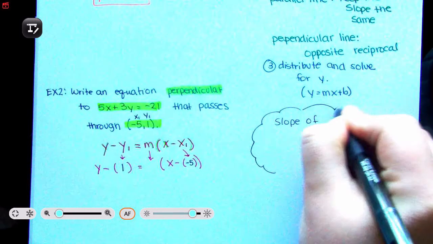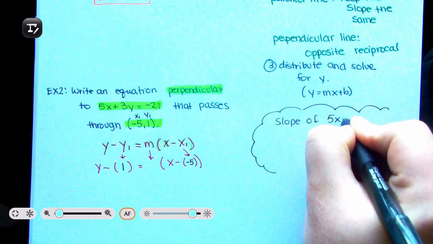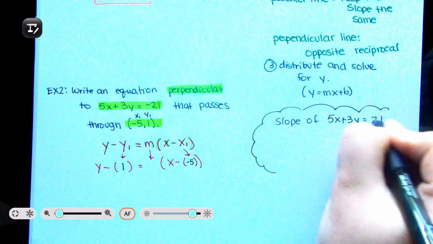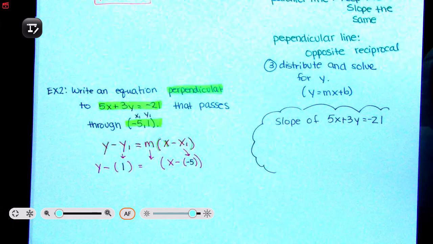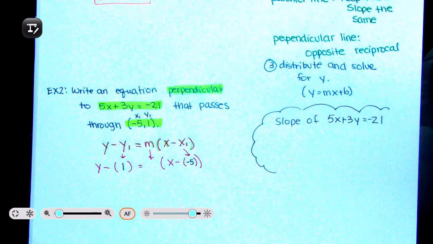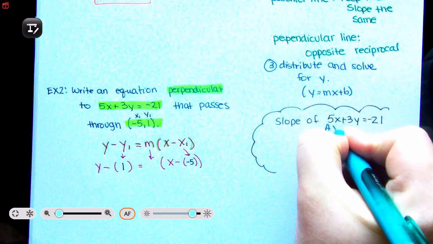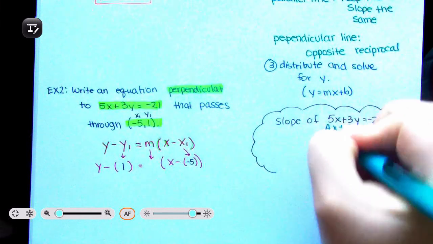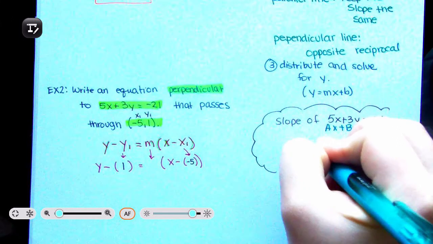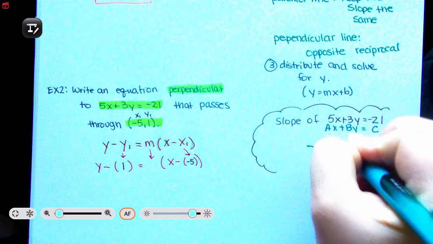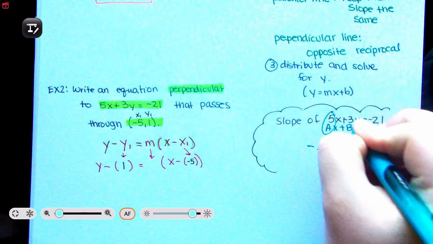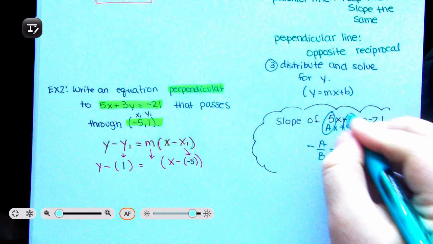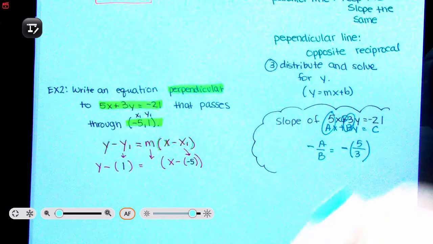So we're going to find the slope of 5x plus 3y is equal to -21. So here's our ax plus by equals c. So we want the opposite of a over b. So the opposite of a is 5, b is 3. Always take the sign with it, positive.